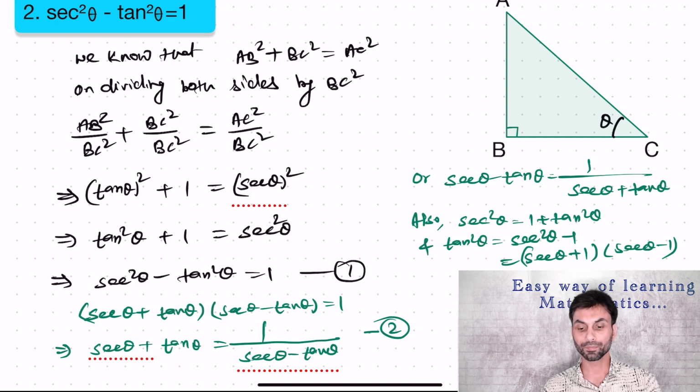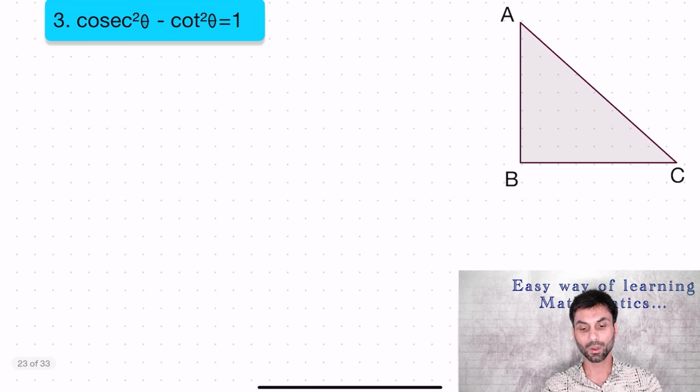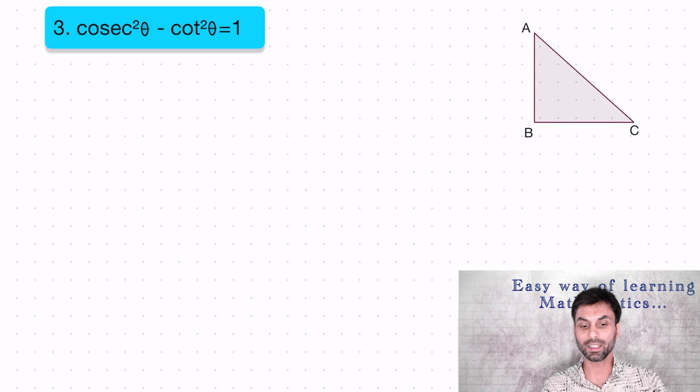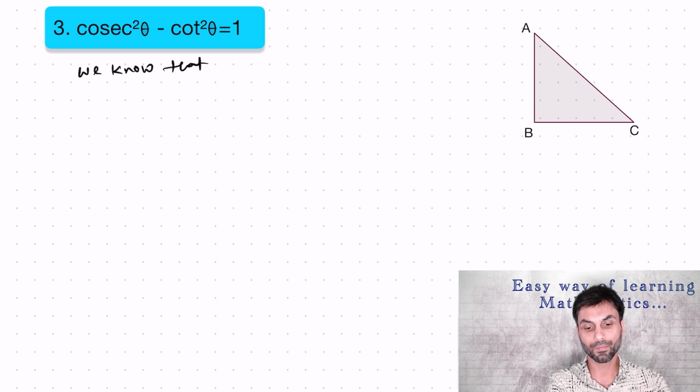Moving to the next identity, which is cosec square theta minus cot square theta is 1. In order to prove the third identity, we again take that we know AB square plus BC square equals AC square.